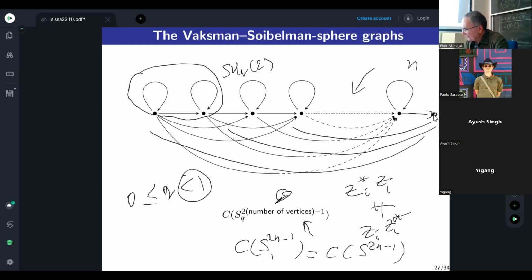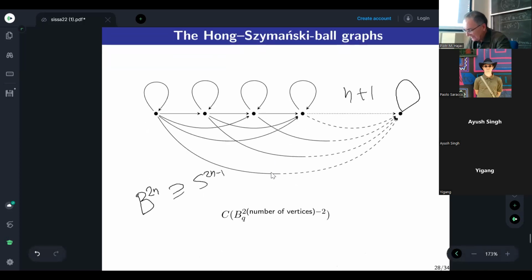Okay, so imagine the situation. When I have n plus 1 many vertices, this is my B^{2n} ball. And when you remove this vertex without the loop and all edges which end there, then what you get is the graph of the 2n minus 1 quantum sphere. And this is as it should be, because the bounding sphere should be a subspace of the ball.